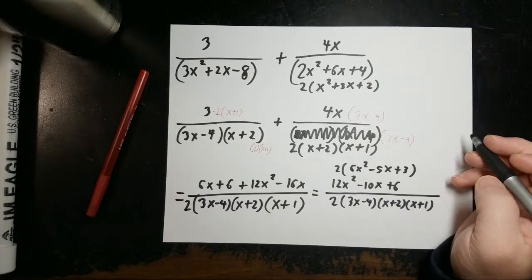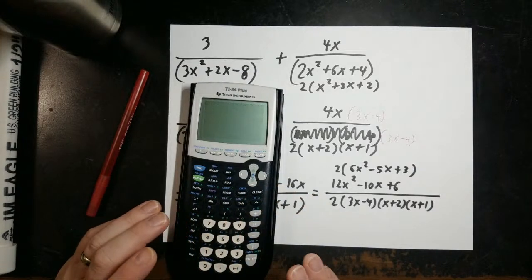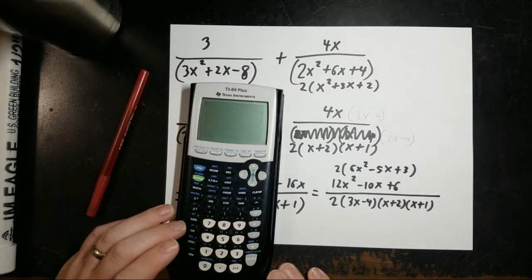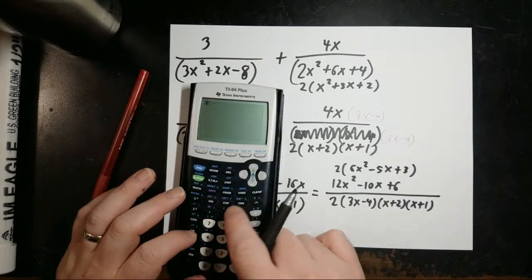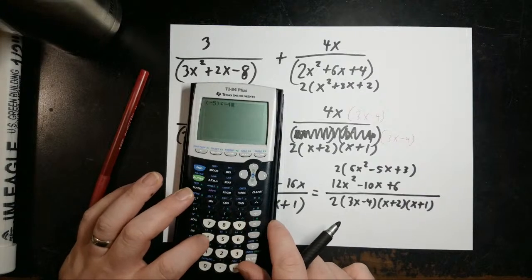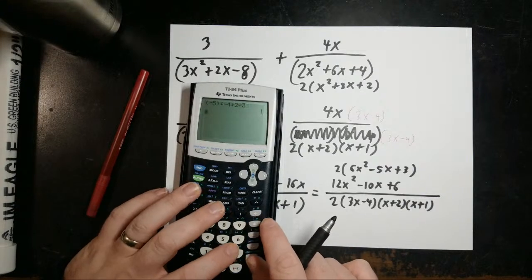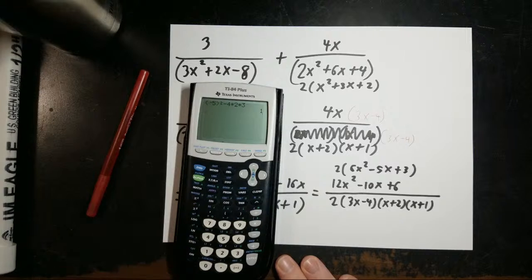Can that be factored? Let's see if it can be factored. Because if it can't be factored, then we're done. So I'm going to double check a discriminant here. B squared minus 4ac. Oh, that thing can be factored. So we're not done. Interesting.